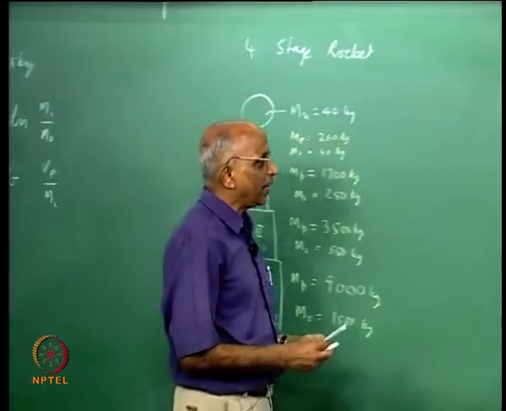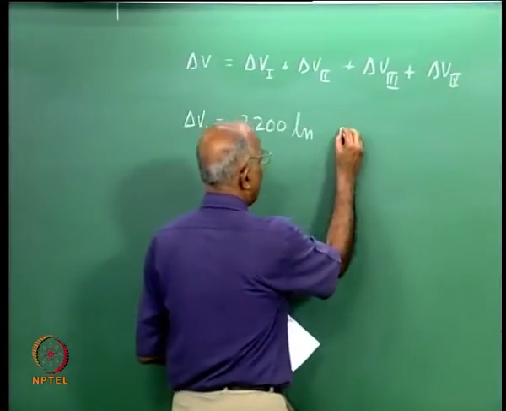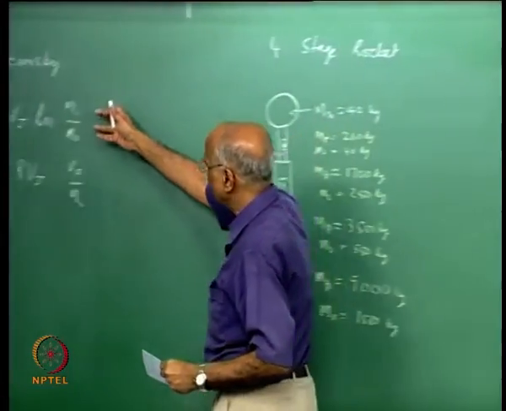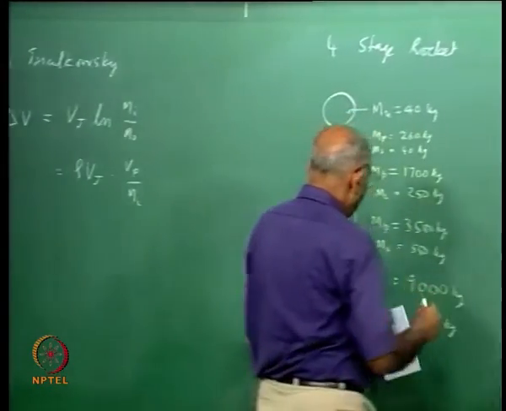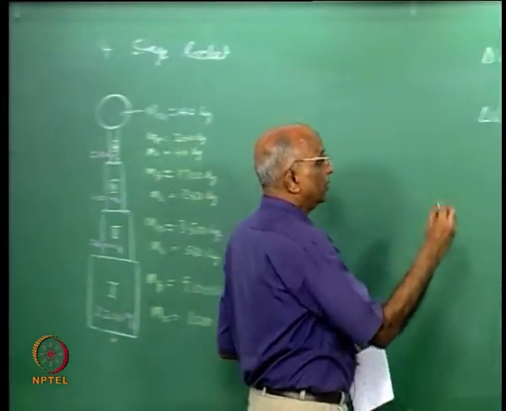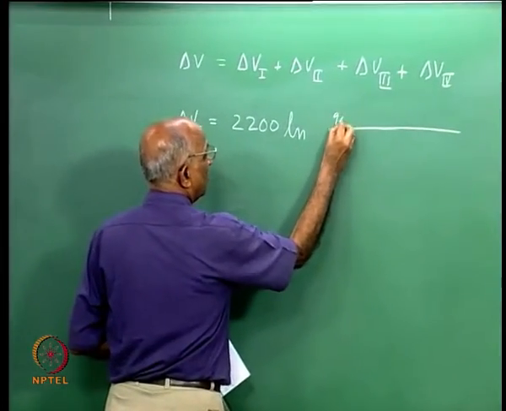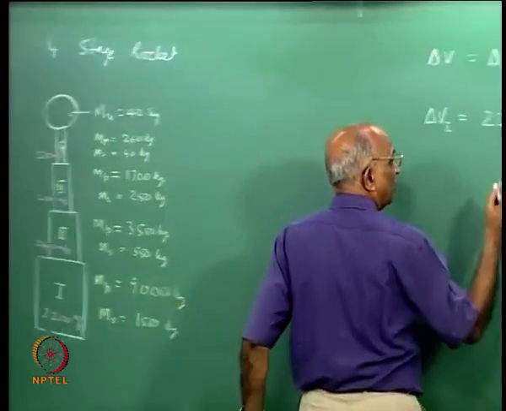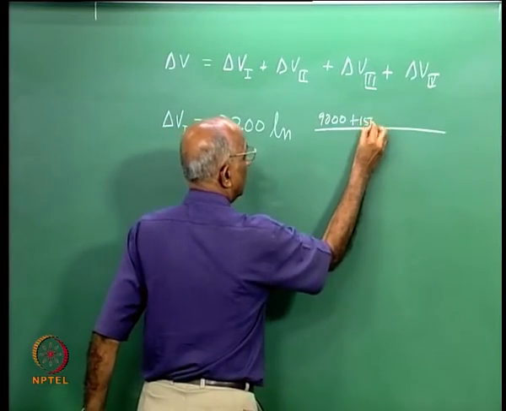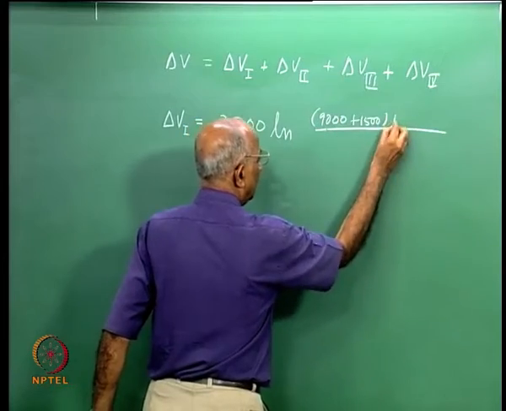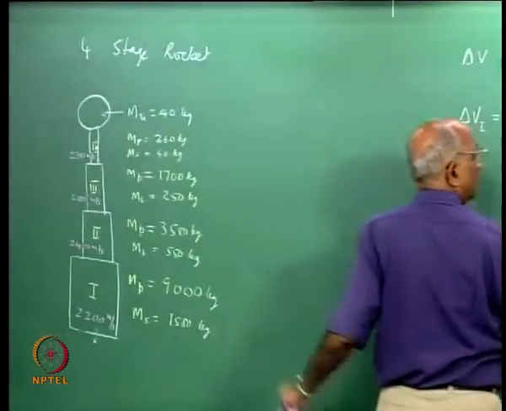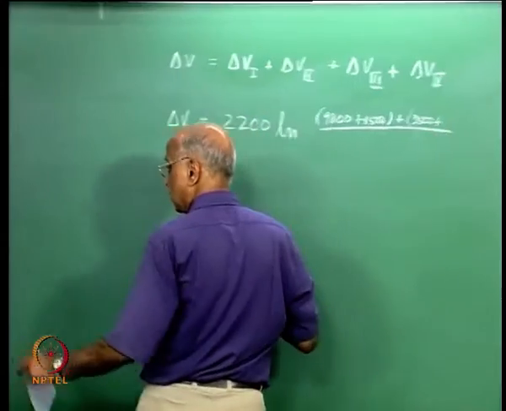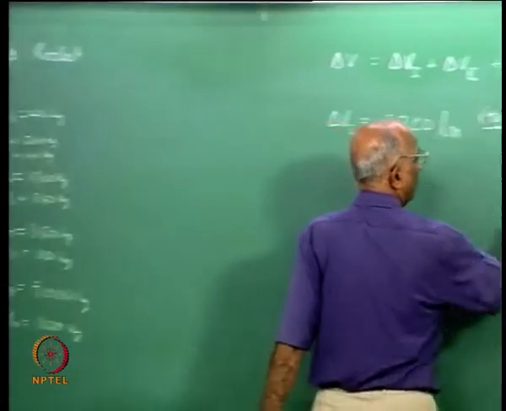Therefore, if I were to write the expression for the initial mass, which is the numerator, for the first stage the propellant mass is 9000, the structural mass is 1500. Now, I add the second stage, which is 3500 plus the structural mass 550.